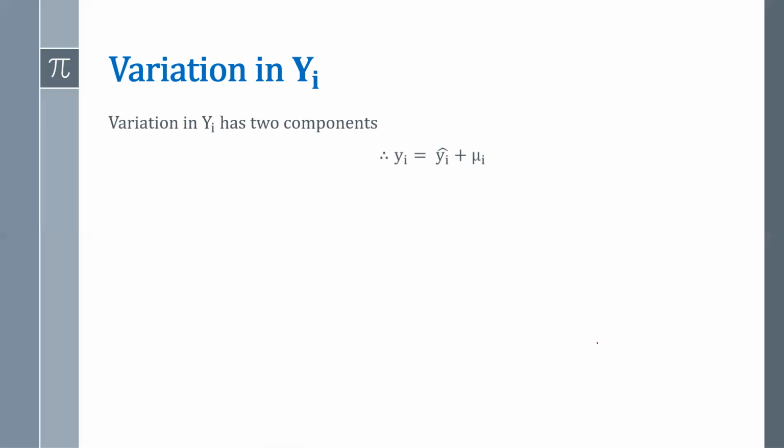So therefore, yi is equal to yi hat plus mu I. Here you can notice we are using the small letters because we are using the deviation form. So small yi is equal to capital yi minus y bar. Let me note down, small yi is equal to capital yi minus y bar.